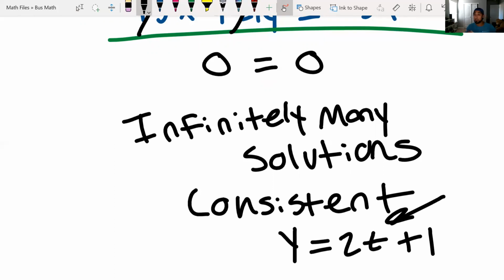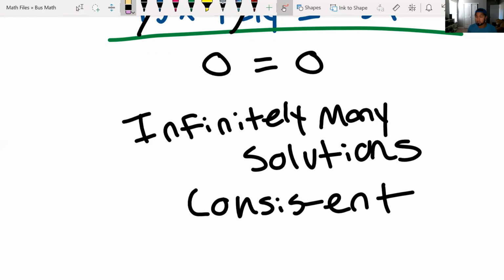And since we zero out all the time, this means that no matter what value you pick, you're always going to get a true solution. 0 equals 0. So you have to put it in terms of t. And this means that t can be any number, which means t is free. But like I said, that's not our class. It's just fun to explore.